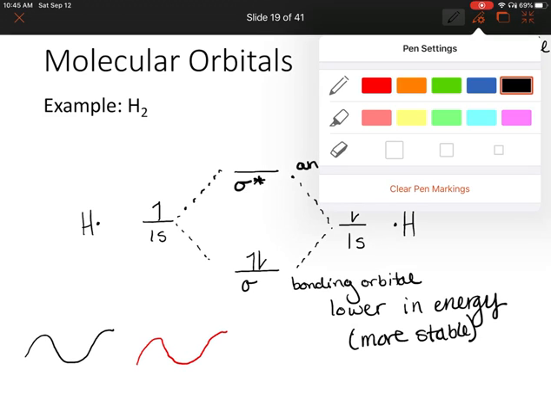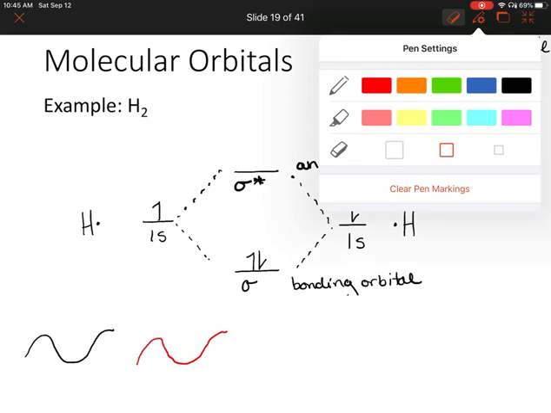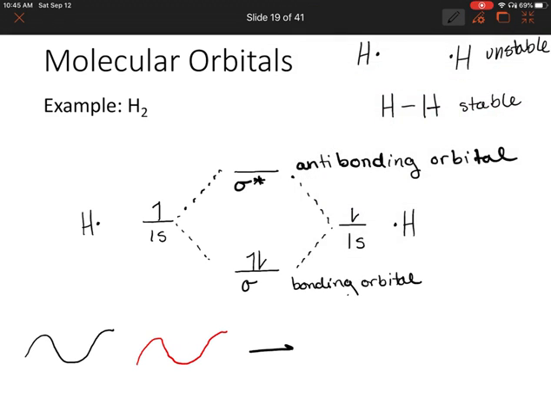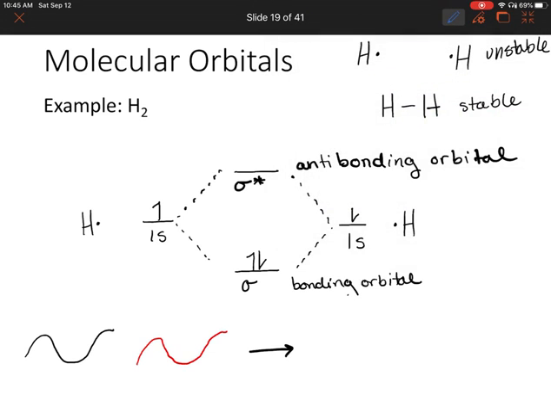They can either overlap constructively. So actually, let me make a little bit of room here. So they can either overlap constructively. So let's say it looks something like that. So then that would be constructive interference. And that would be a bonding situation.